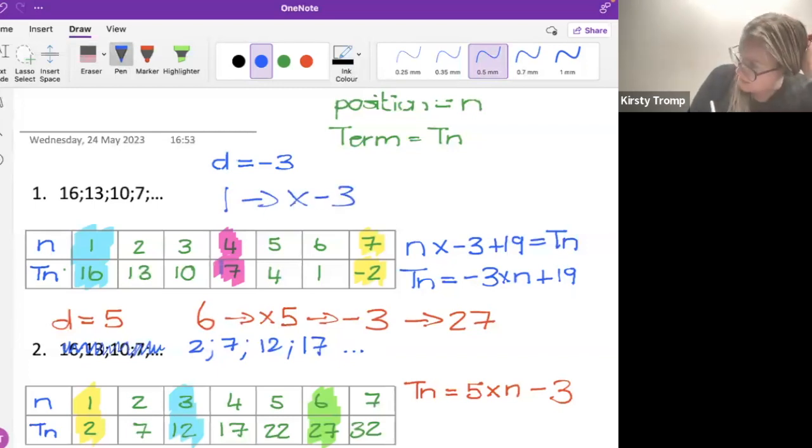Dimple, what's 1 times -3? 3. Okay, positive or negative? -3. Good girl, -3, right.